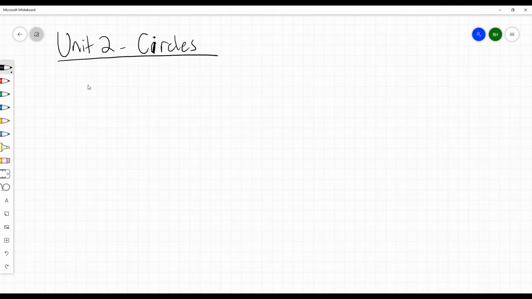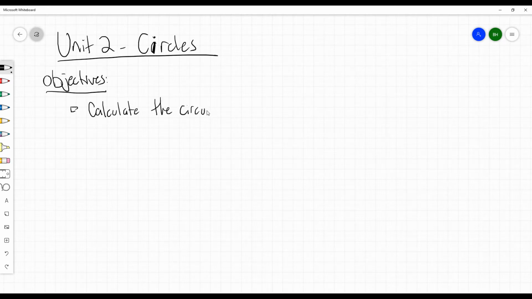So circles. The first thing that we're going to do with circles is think of some objectives that we're going to be needing to look at when we are dealing with circles. The first one is going to be calculating the circumference of a circle.